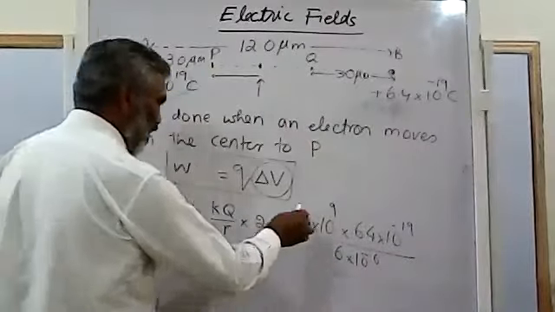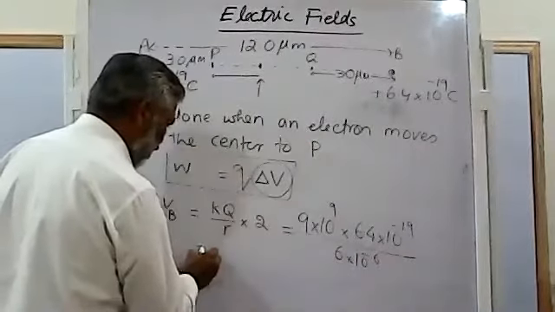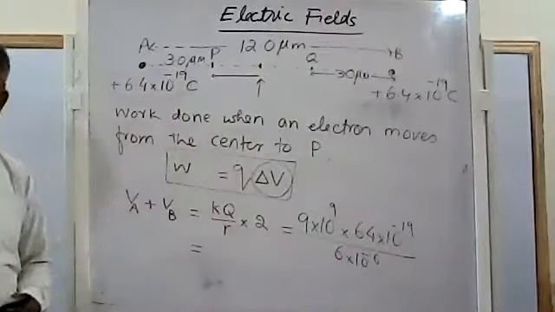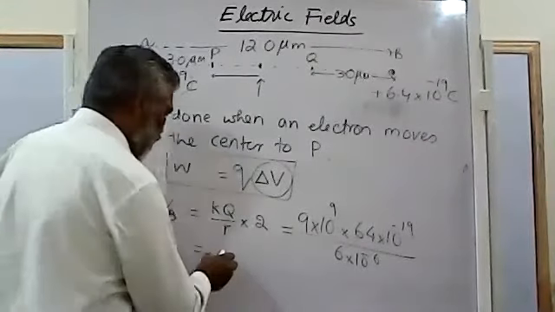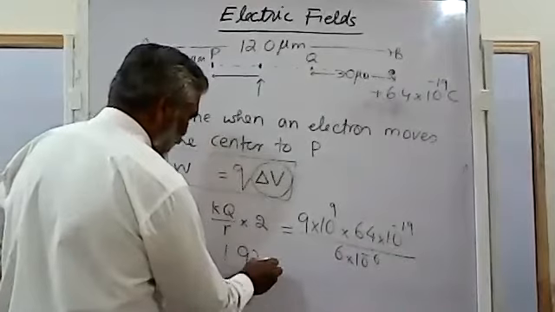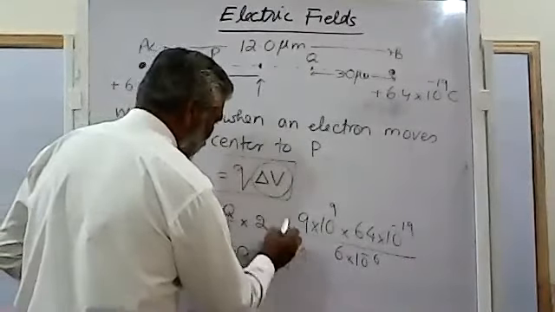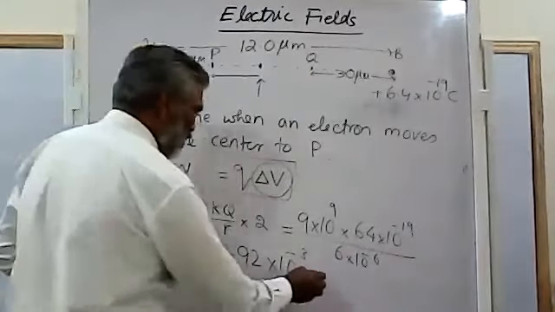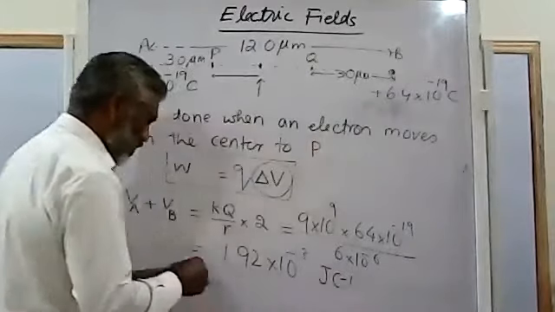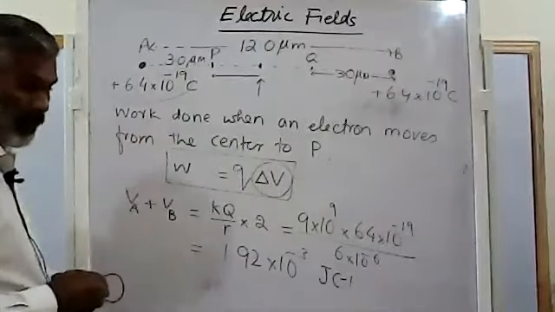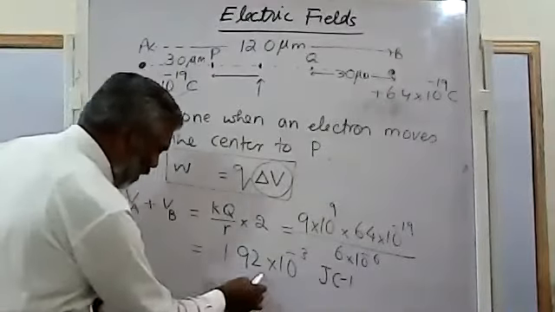So if you simplify this, you get a number which I calculated to be 1.92 into 10 raised to power minus 3. So this is the potential at the center due to the two. So this is joule per coulomb. So this is one number.